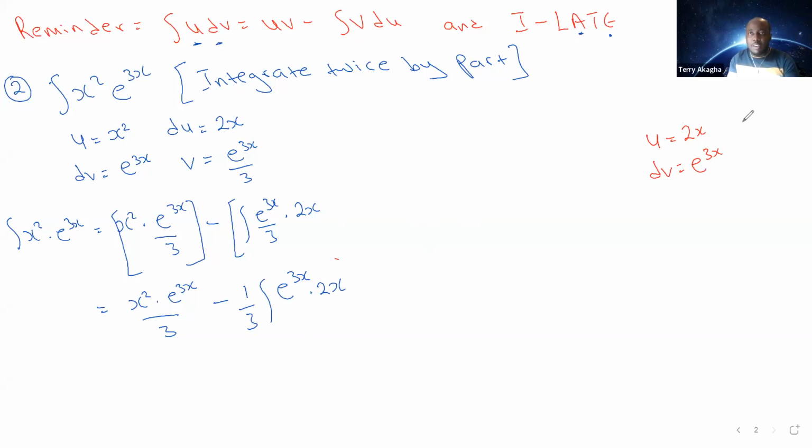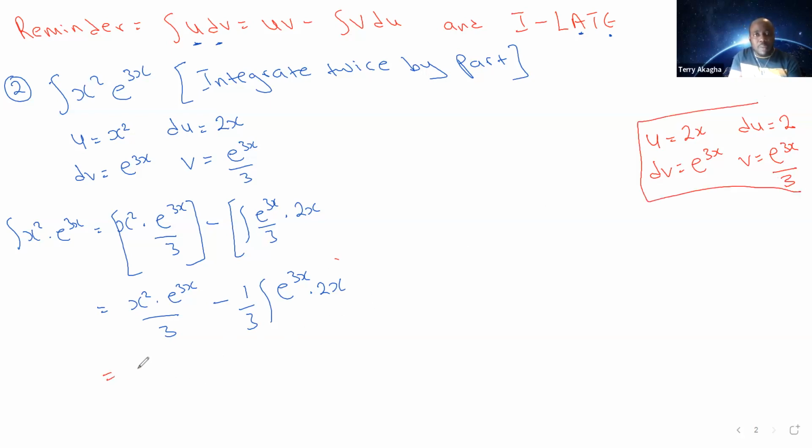Then our du, when you differentiate it, is going to give you 2. And when you integrate dv, it's going to give you exponential 3x divided by 3. Okay. So now we're going to apply this concept into the equation again.